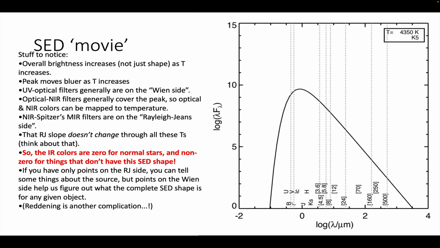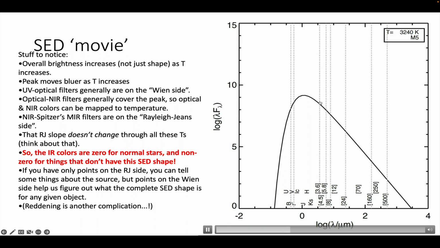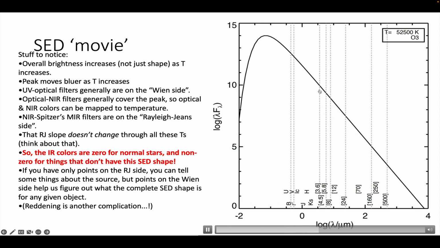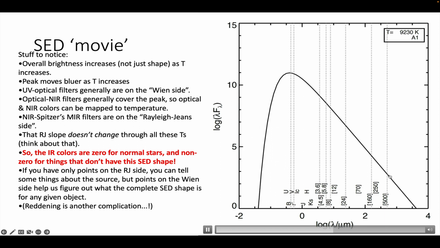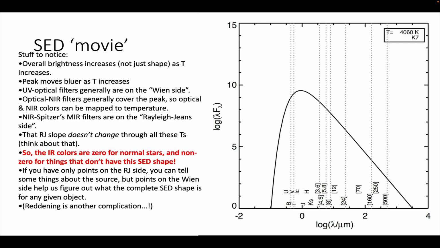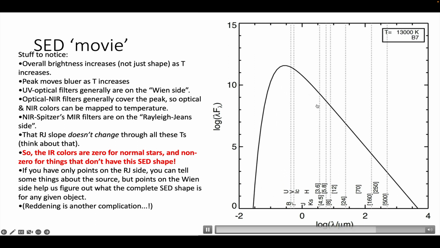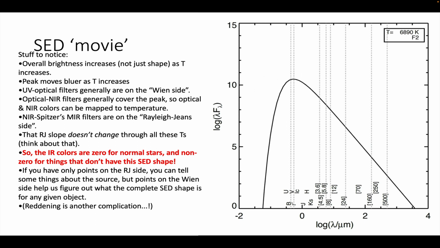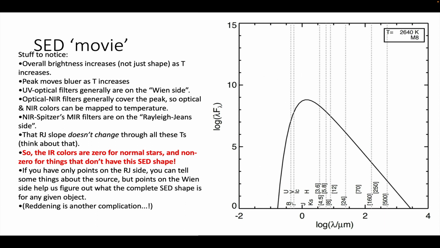But look at the infrared side, the IRAC through Herschel. That slope doesn't change through all of these stars. It might be starting to change a little bit by the time we get to M8, but only for the shortest IRAC. The whole thing goes up and down, but the slope doesn't change.